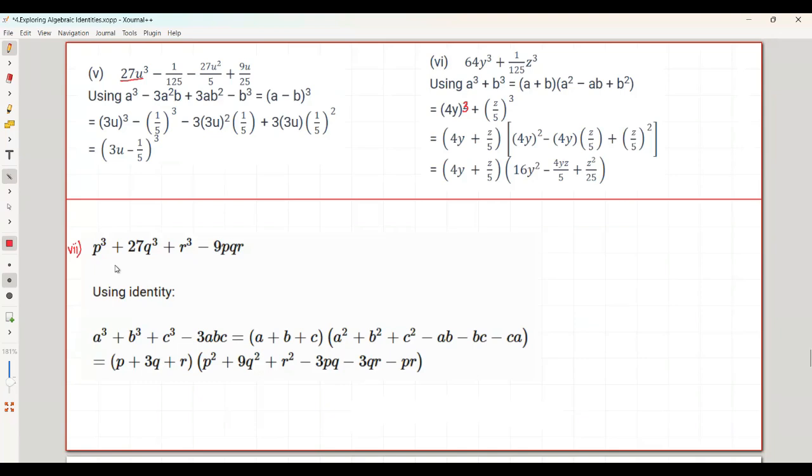Right, so we have to bring this into the a cube plus b cube plus c cube minus 3abc format first.